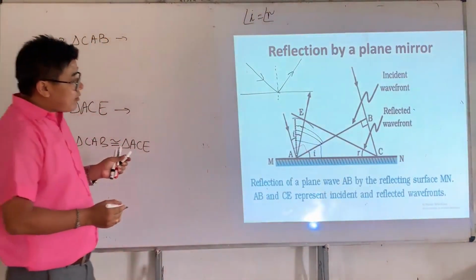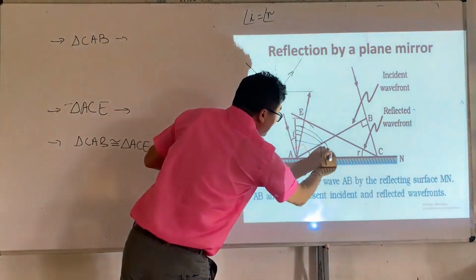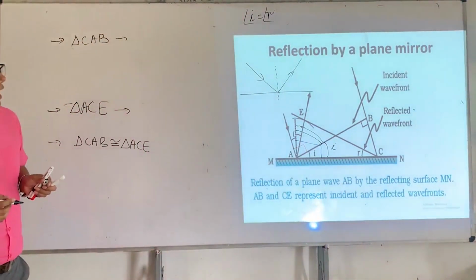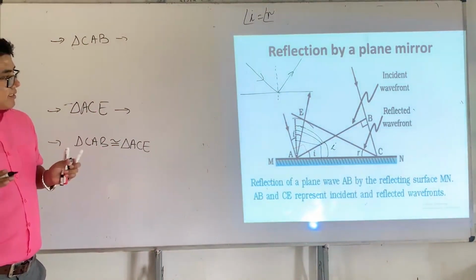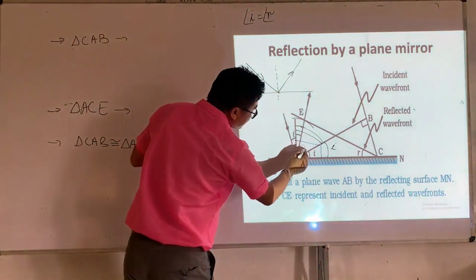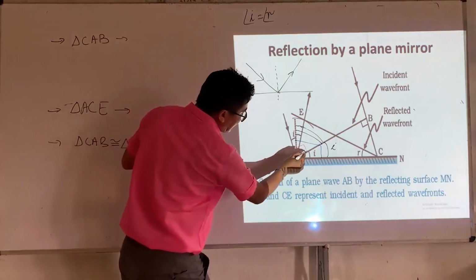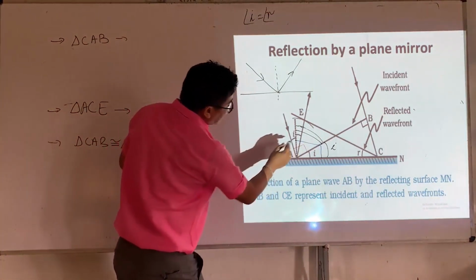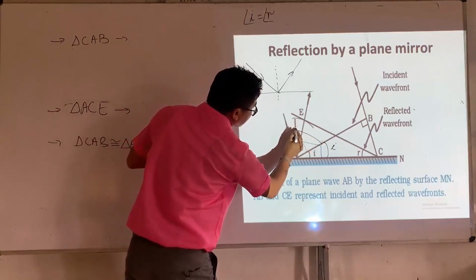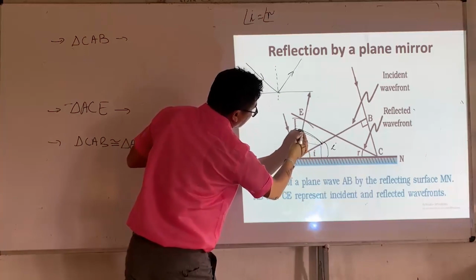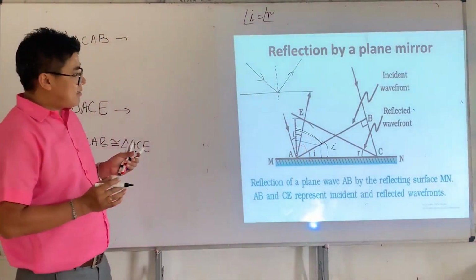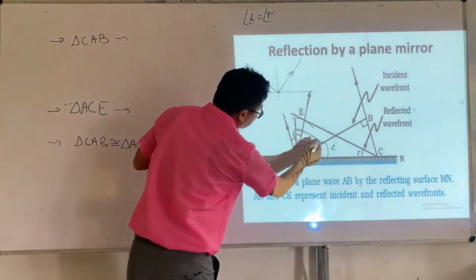So if this is common, then this angle must be equal to angle I. Again I am repeating here: I take two right angles. This is a right angle and this is a normal right angle. So this angle becomes common to both right triangles.